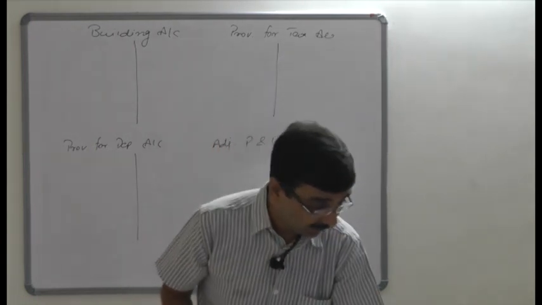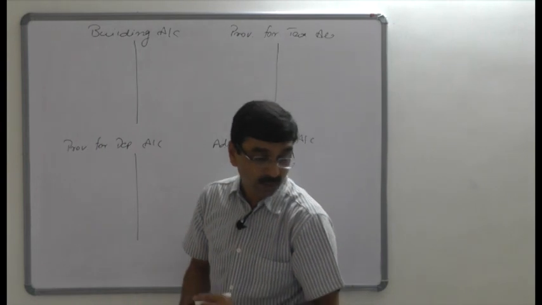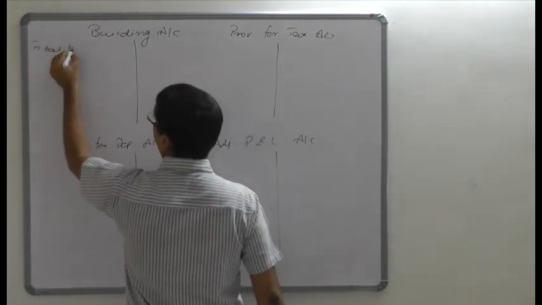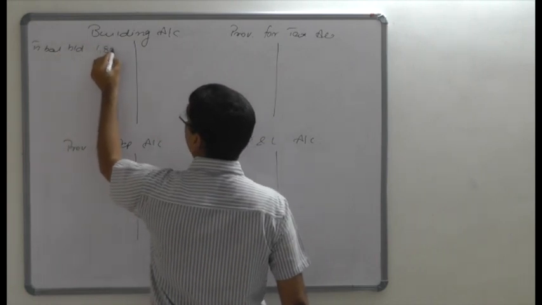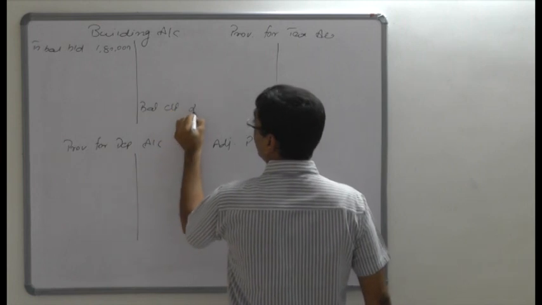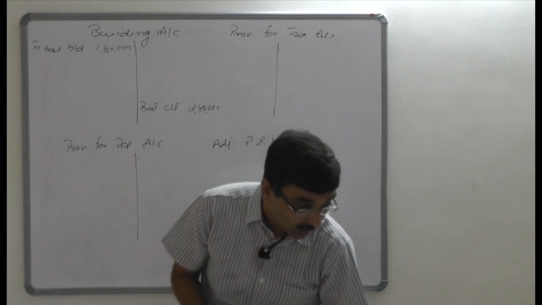First, identify the opening and closing balance of building. Building opening balance is 180 and closing is 288: to balance brought down 1,80,000 and balance carry forward 2,88,000. Just confirm. Yes.